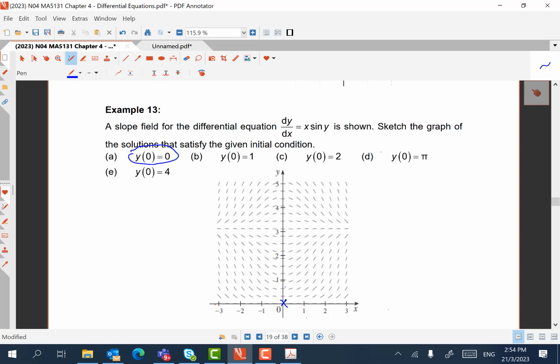I see 5 solution curves. Can it be something more interesting? Like there's 3 curves and 2 straight lines. These 2 straight lines are at y0 equals 0 and y0 equals pi.